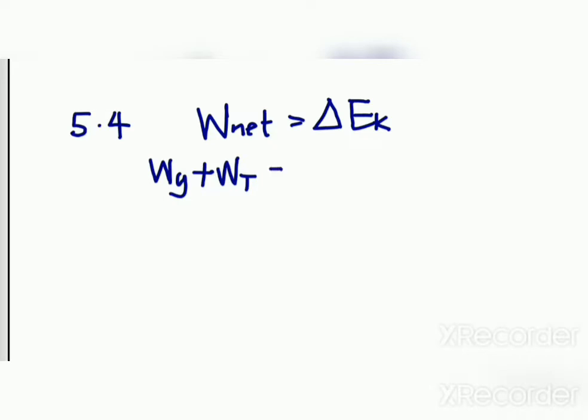And that is equal to the change in kinetic energy, your final kinetic energy minus the initial kinetic energy: half m vf squared minus half m vi squared.